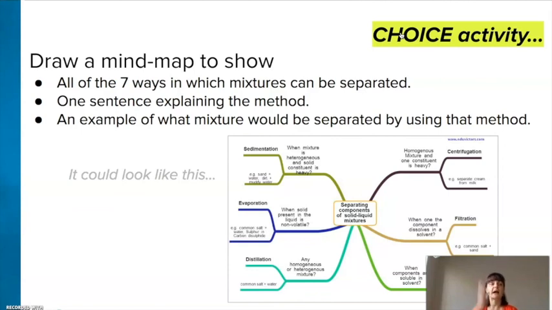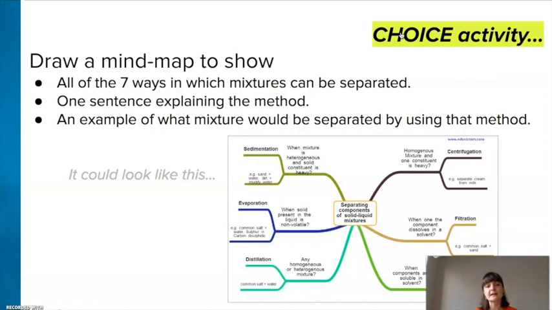I want you to have each of the different ways written in big words, and then with each word, whether that's evaporation or distillation or filtration, I want you to give a brief description about what that method of separation is. And this is where it comes in handy, those sentences you wrote earlier in the day, because now you can use those sentences and just plug them in here.